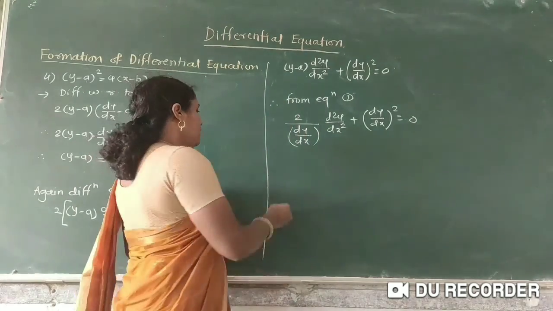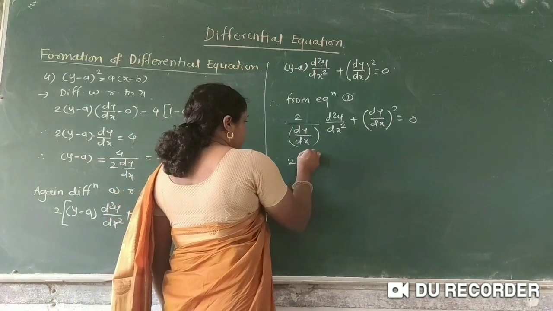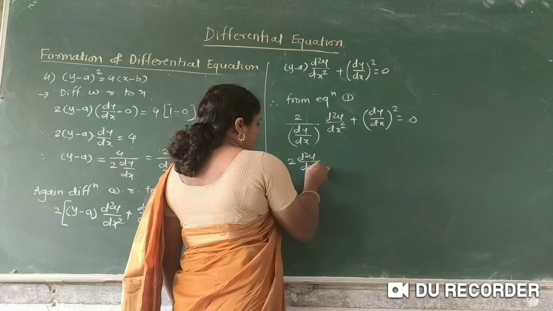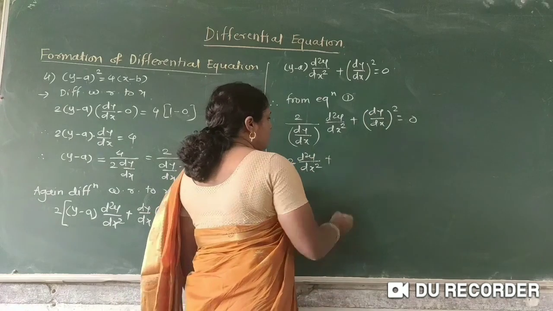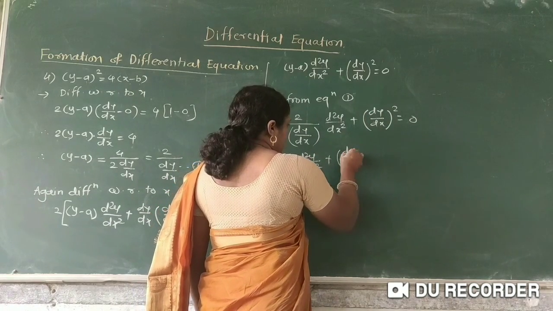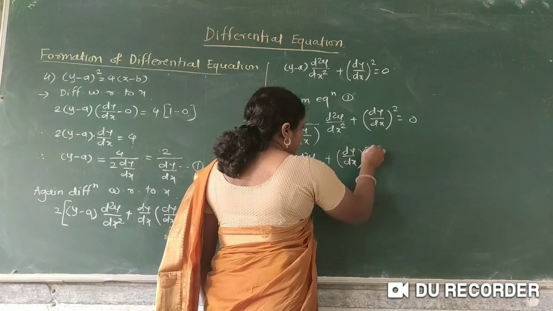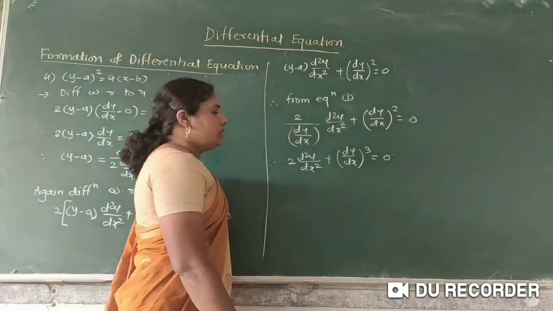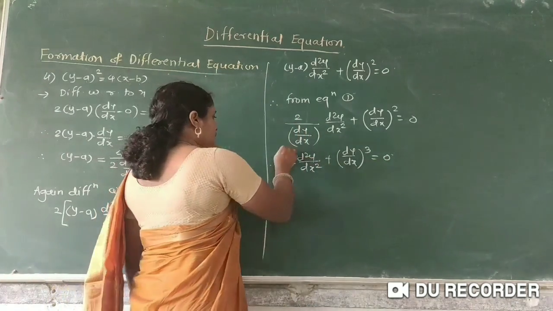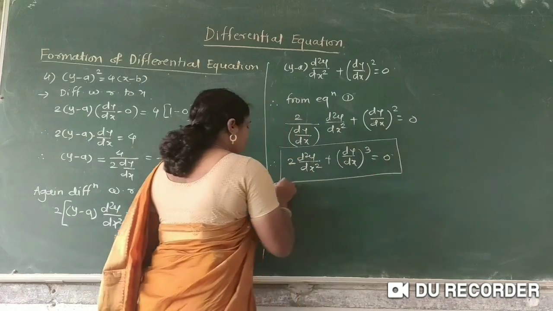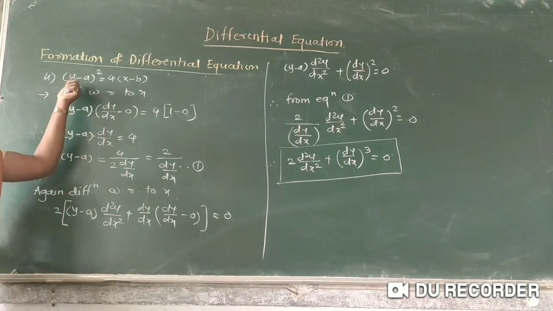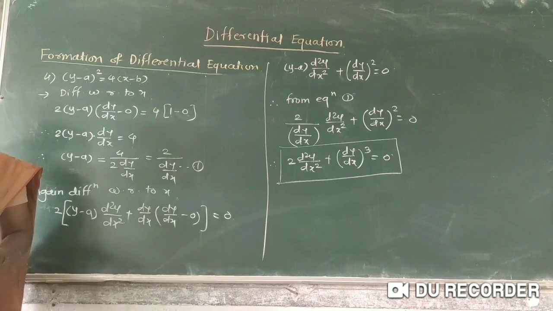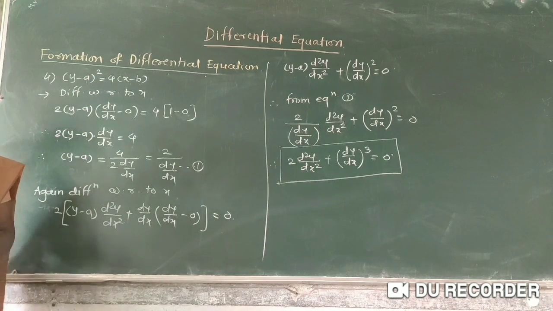Then simplify this, we get 2 into d2y by dx square plus (dy by dx) cube equal to 0. This is the differential equation of the general parabola (y minus a) square equal to 4 into (x minus b).